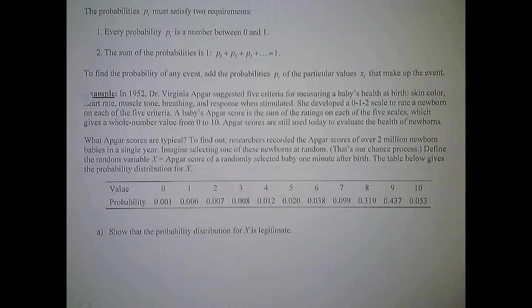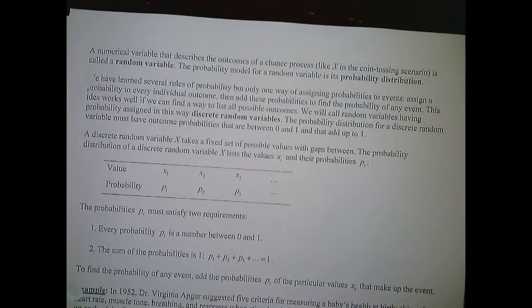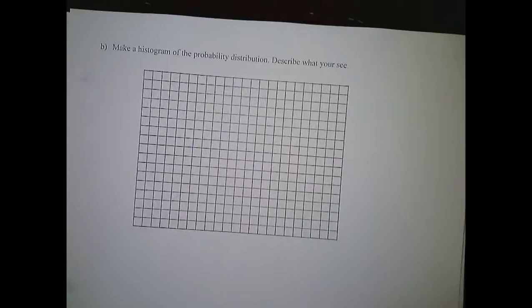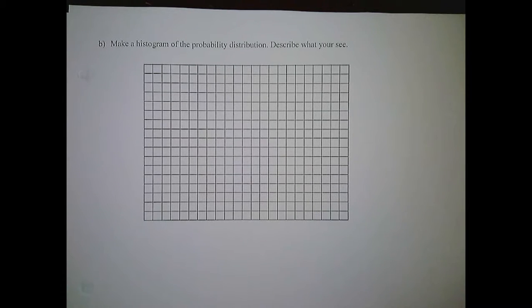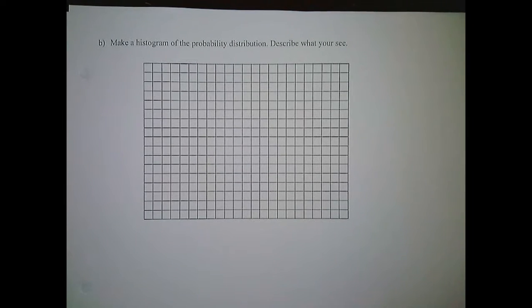So we're going to use these probabilities to answer 3 questions. First, we want to show that the probability distribution is a legitimate distribution. So show that the distribution for x is legitimate, that it meets the 2 requirements. Then in part B, we're going to take that probability table and create a histogram for the probability distribution. Then we're going to describe that distribution.